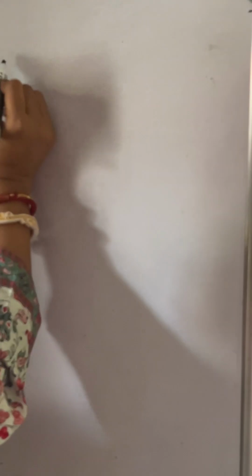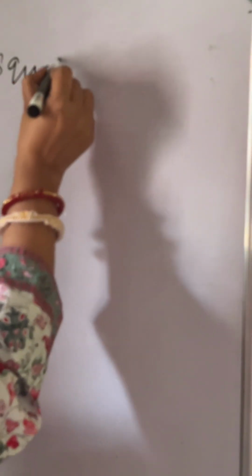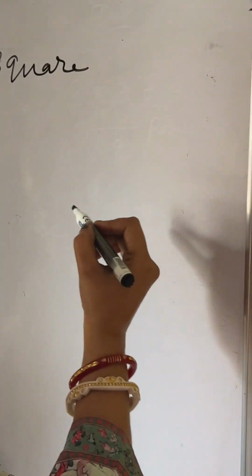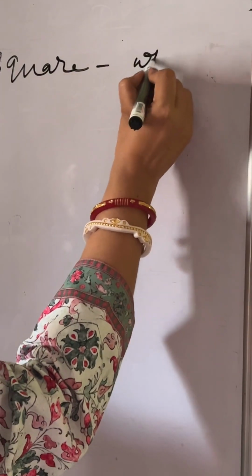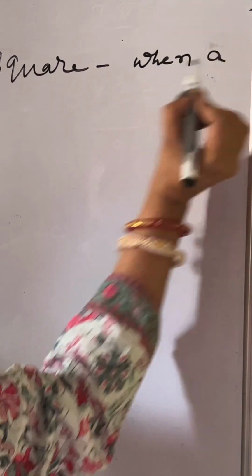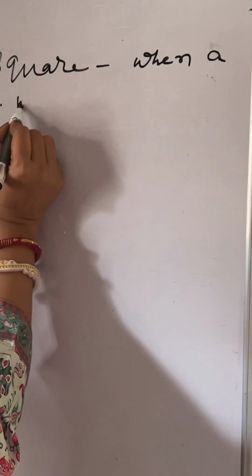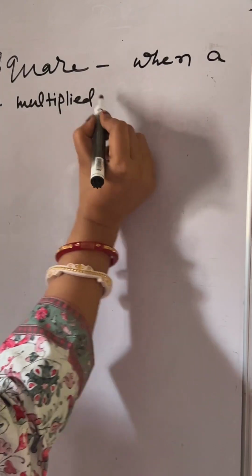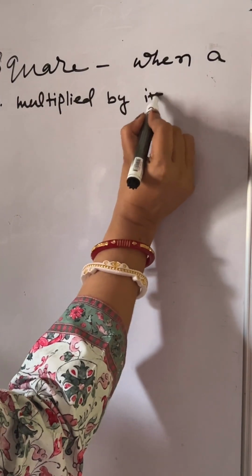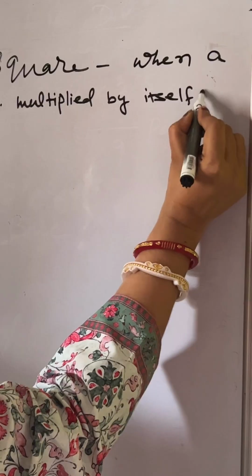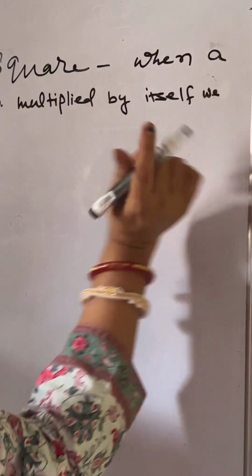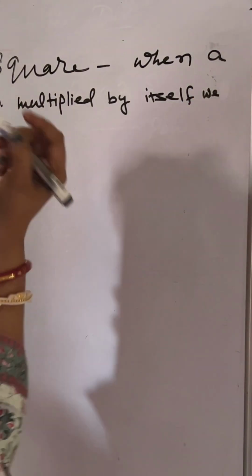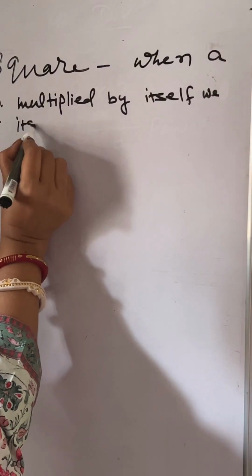So let's understand it in a very easy way. Let's understand about square first. Square: when a number is multiplied by itself, we get its square.